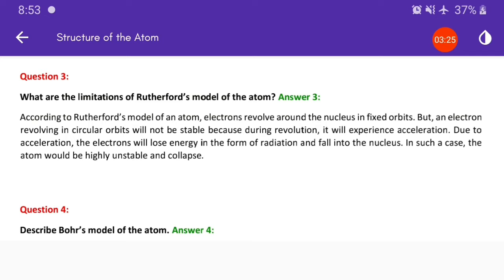Due to acceleration, the electrons will lose energy in the form of radiation and fall into the nucleus. In such a case, the atom would be highly unstable and collapse. So those are some limitations of Rutherford's model of the atom.